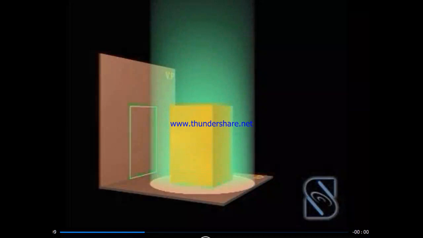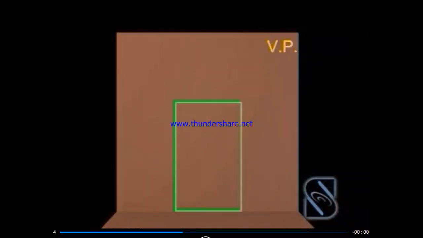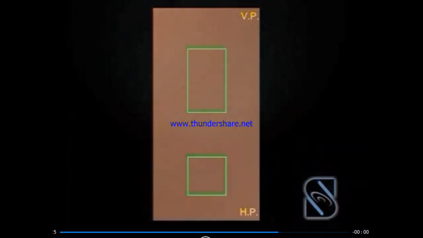Look at the solid from the top to obtain the top view as shown in the figure. Rotate the horizontal plane 90 degrees clockwise to get the projections. Now the required projections are obtained.